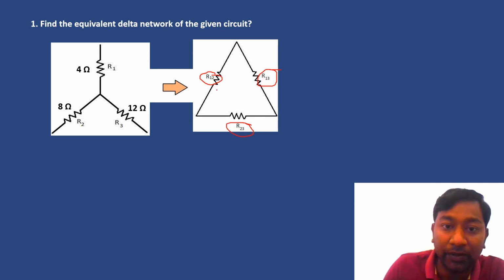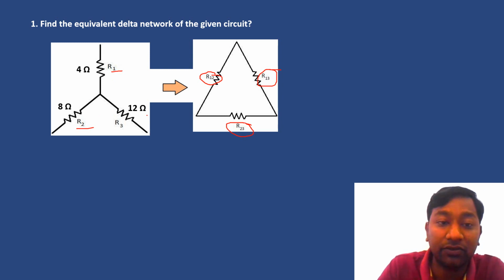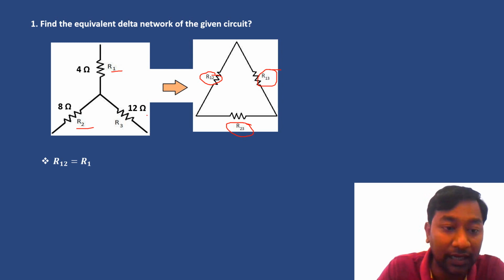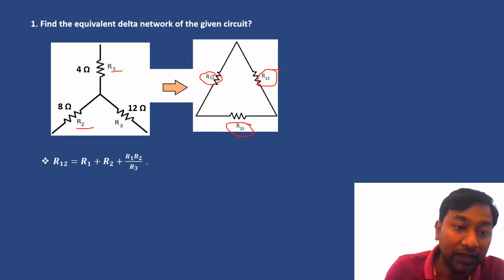So R12 is simple. R12 means R1 plus R2 plus R1 into R2 divided by R3.